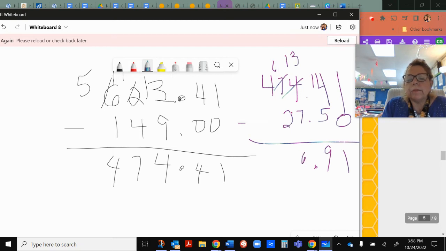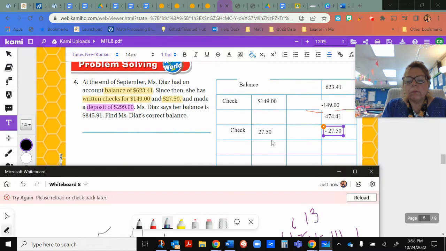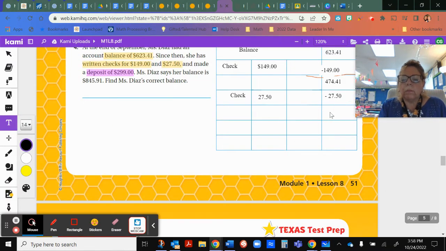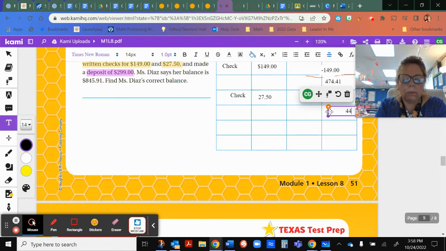This is a 6. 6 minus 2 equals 4 and 4. So $446.91 is what the balance is.